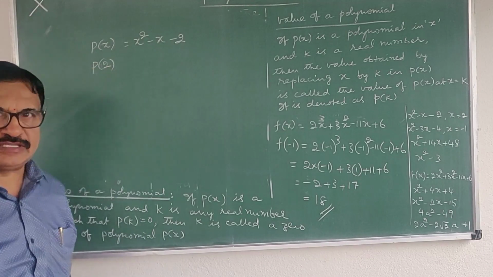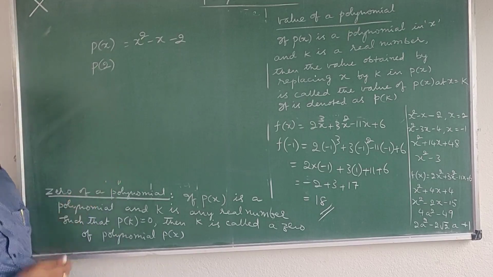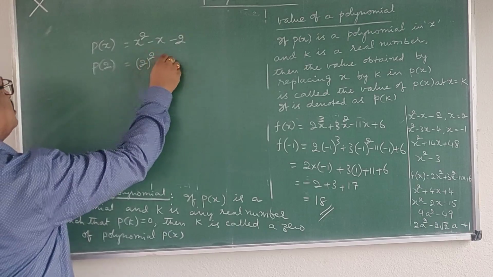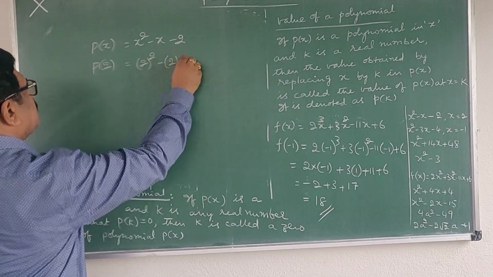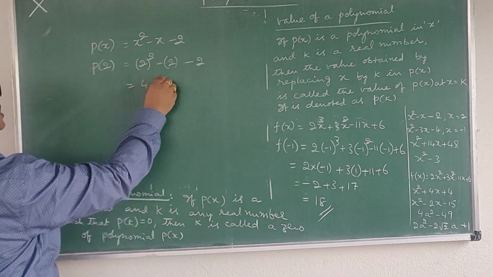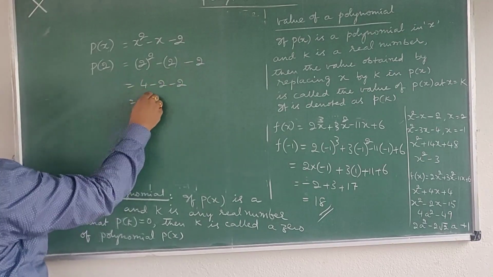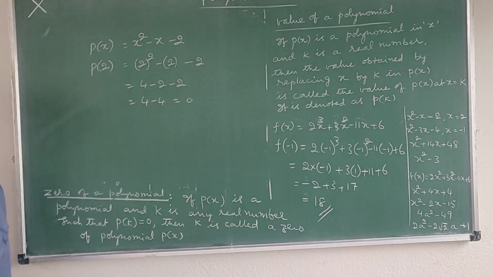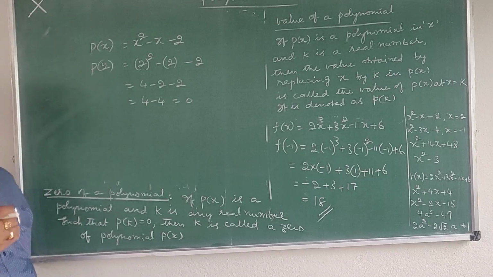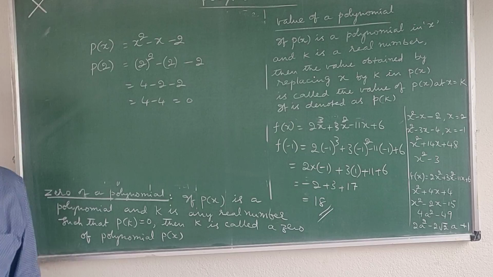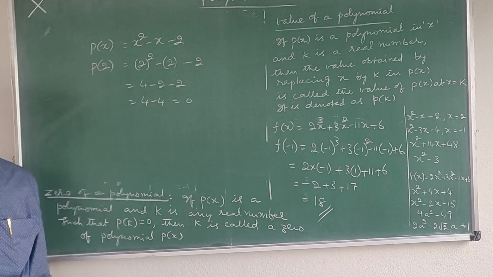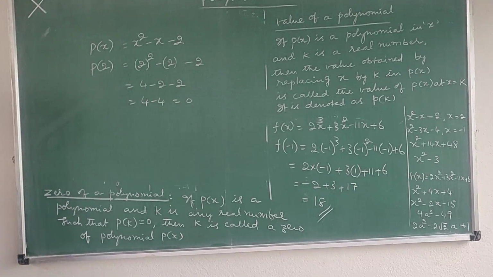If I substitute for x 2, because 2 is one real number in place of k, 2 squared minus 2 minus 2. 4 minus 2 minus 2. So plus 4 minus 2 minus 2, you got 0. Since you get the result 0 for the value of x as 2, we say that the real number 2 is the 0 of the given polynomial. Correct? It is called the 0 of the given polynomial.